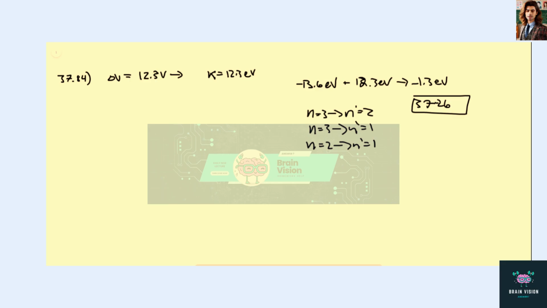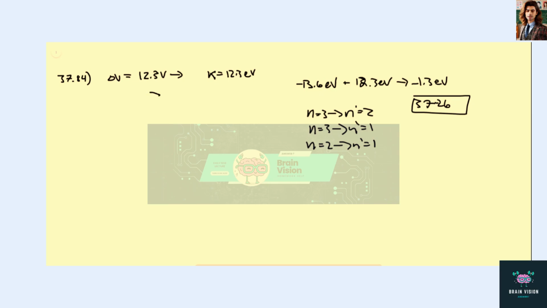So these are all the different transitions of the hydrogen going back down to the ground state, the transitions that produce photons. And we want to figure out what wavelengths these photons are.